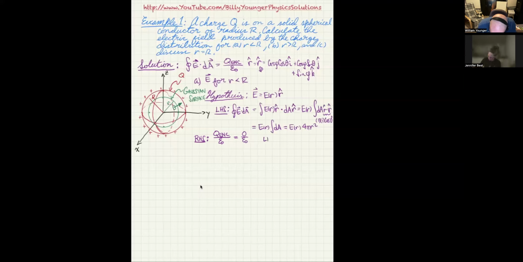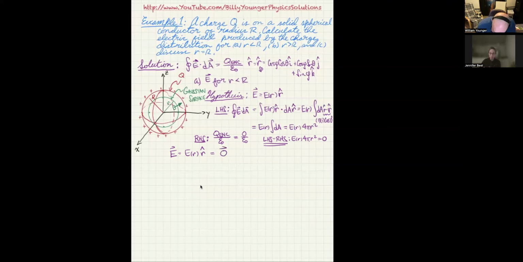Then I'll say left hand side equals right hand side. And that gives me E of R times 4 pi r squared equals 0, and that means that E, which is supposed to be hypothesized E of R times R hat, turns out to actually be the 0 vector.